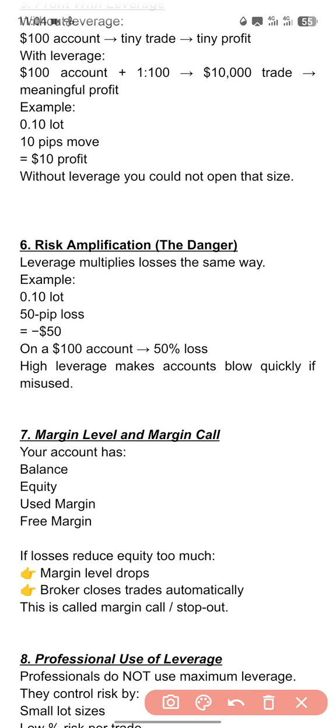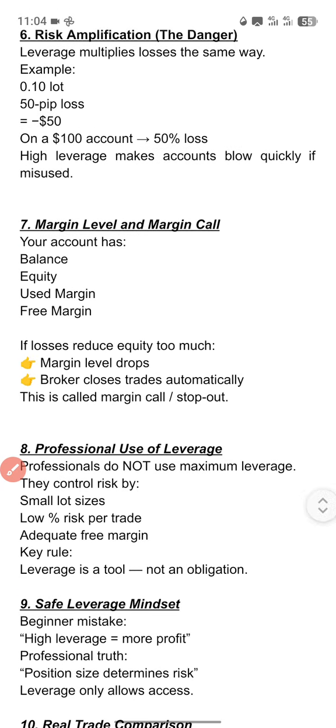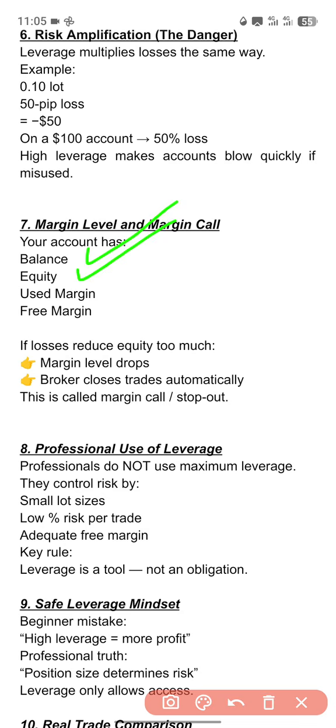Now let's move to the margin level and margin calls. Your account has these things: it has the balance, your deposit, and it has the equity, the amount which is available at a given time, either in a loss or in a profit.